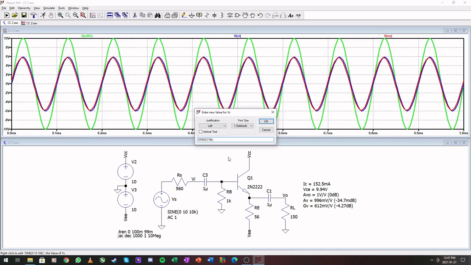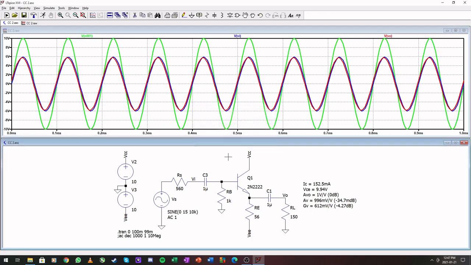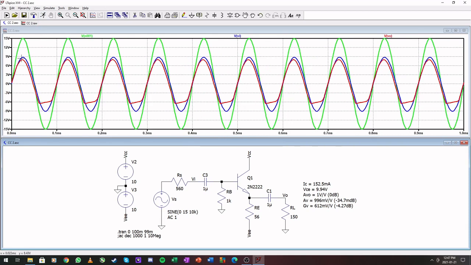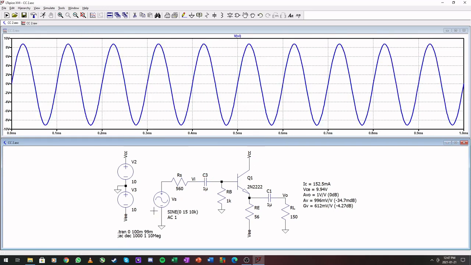So if we were to increase this, let's go to 15. Our input is now here at between 9 volts, and we had our VCE value right there, and we have a little bit of saturation on the bottom.